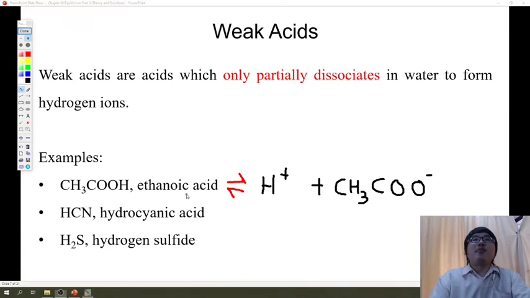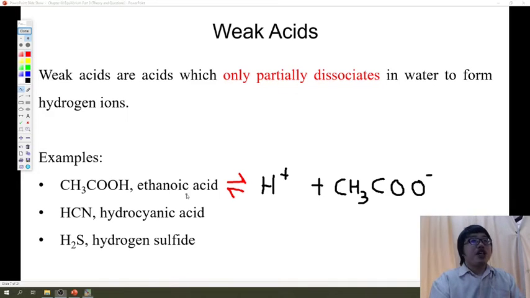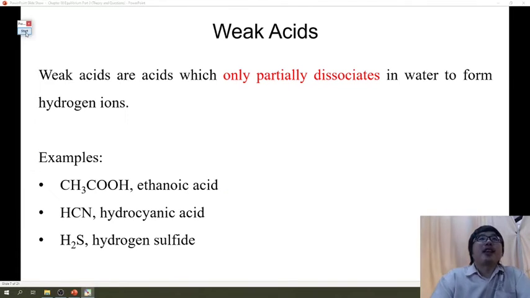That is what we mean by partial dissociation, and that is why it is in this chapter 8, equilibrium reactions. So the dissociation of weak acids is an equilibrium reaction. Some other weak acids are hydrocyanic acid and hydrogen sulfide.